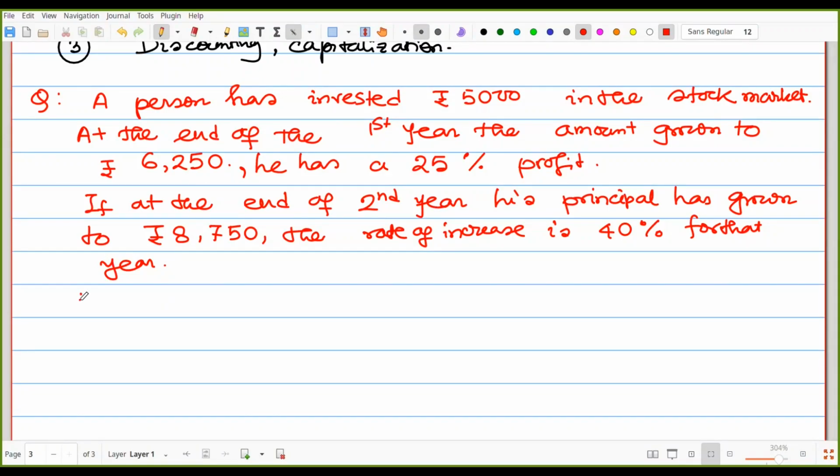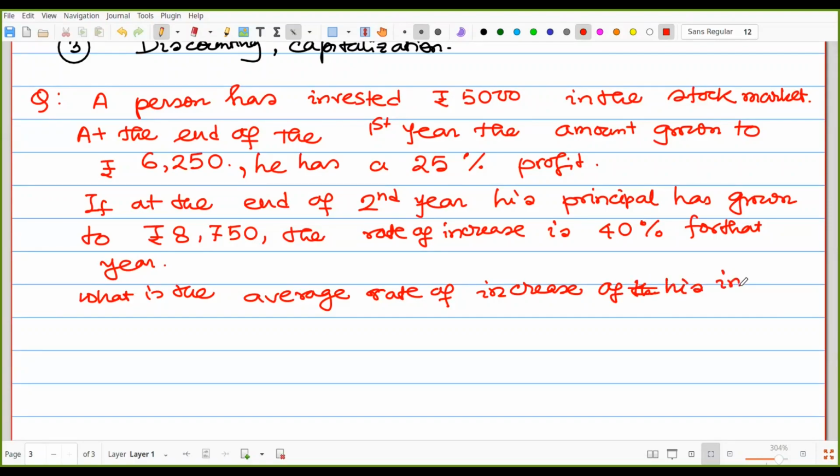So the question is, what is the average rate of increase? So that means for the 2 years, what he has gained with the rate of increase, and that we have to find out, the average of his investment.